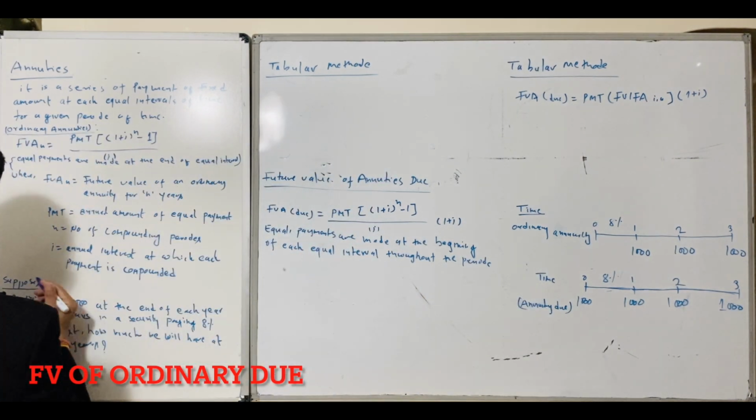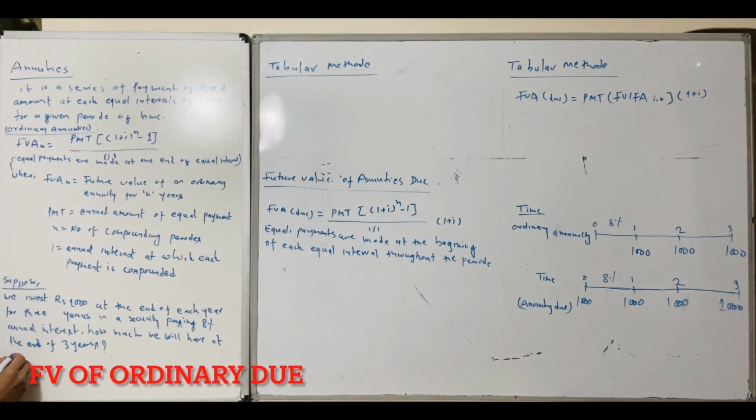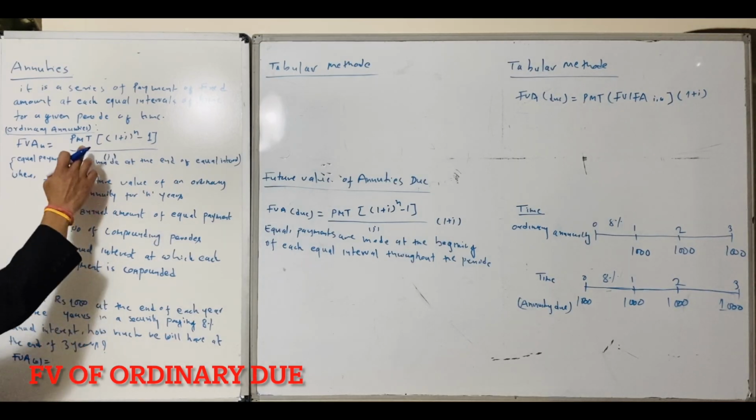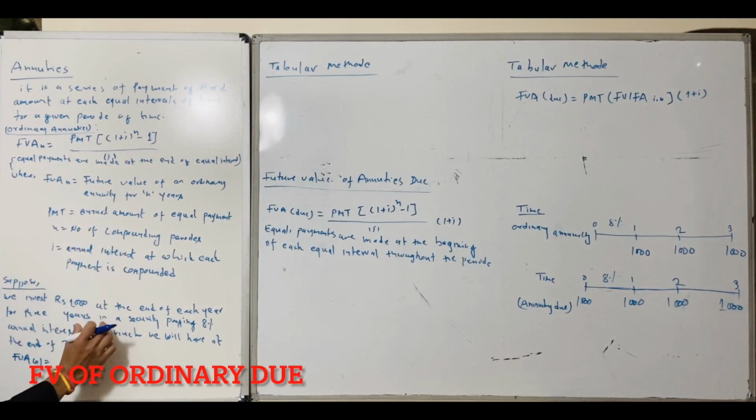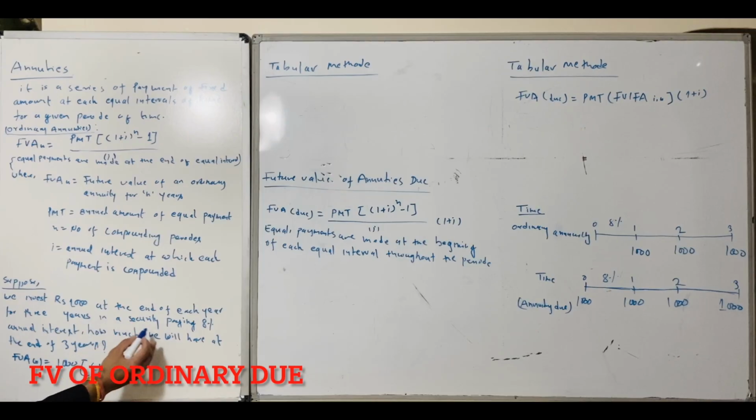We have a formula here. The future value of annuity is equal to payment, which is 1000, times brackets (1 plus I) to the power n minus 1, divided by I. I is the interest rate, which is 0.08.